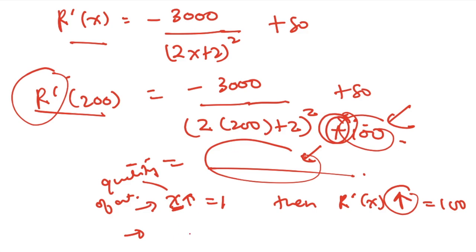If x or quantity increases by 1 unit, then revenue will increase by 100. Let's say 100 ringgit, why not? We don't say 100 units, yeah? That is very general. Why do we say ringgit? Because revenue is usually in terms of money, isn't it? Okay? So that's how you interpret it.